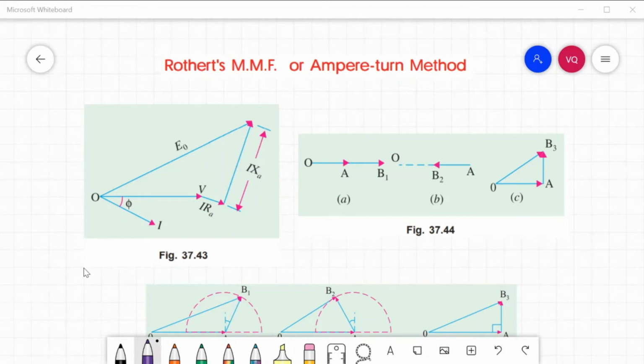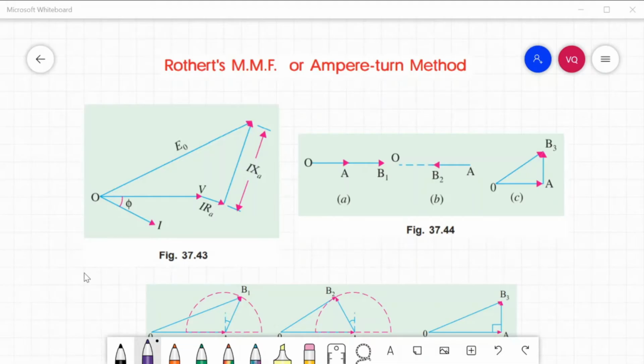Now, if the alternator, instead of being on short circuit, is supplying full load current at its normal voltage and zero power factor lagging, then the total field ampere turn required are the vector sum of, first, the field ampere turn OA in figure 37.44, necessary to produce normal voltage as obtained from the OCC, and the field ampere turn necessary to neutralize the armature reaction, which is the vector AB1.